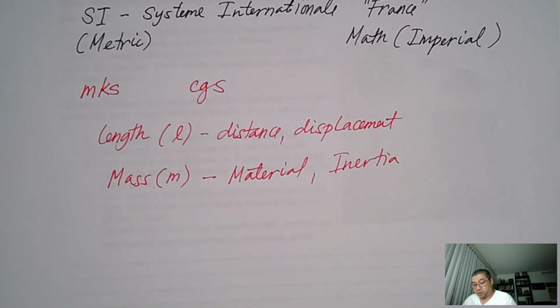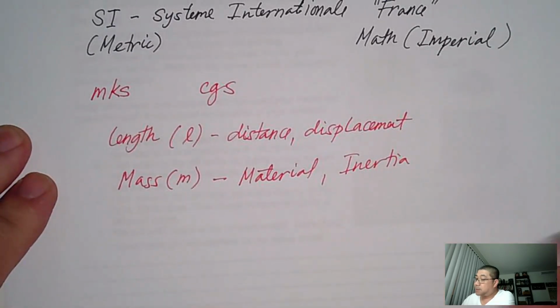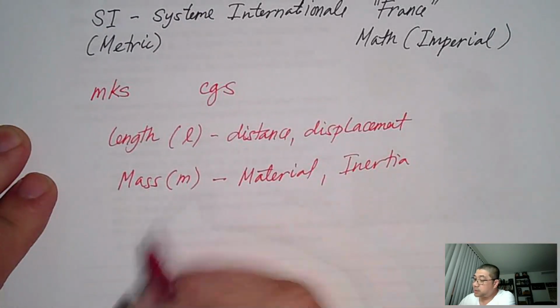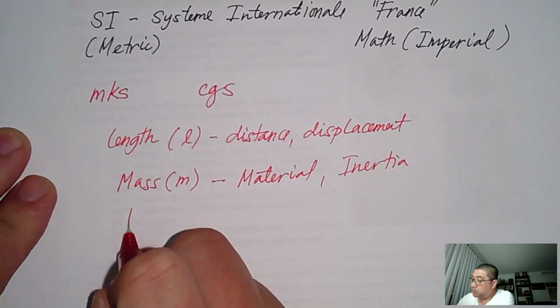For the seniors who are watching this video, you should remember that mass and weight are not the same. For those of you who are juniors, yes, mass and weight are not the same. The last physical quantity that is measured in physics is time.